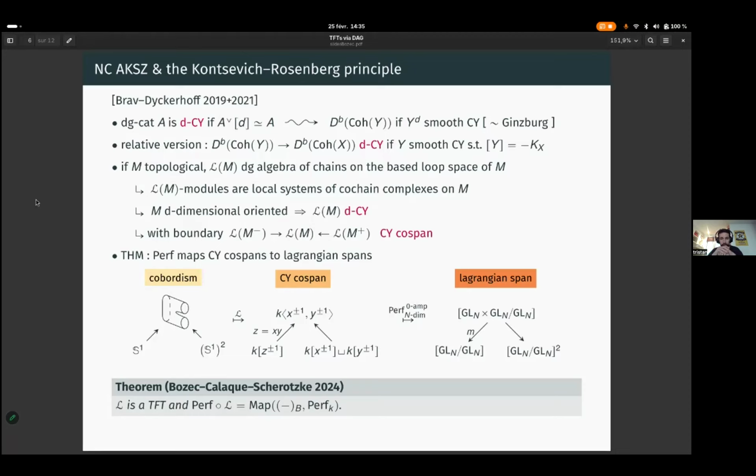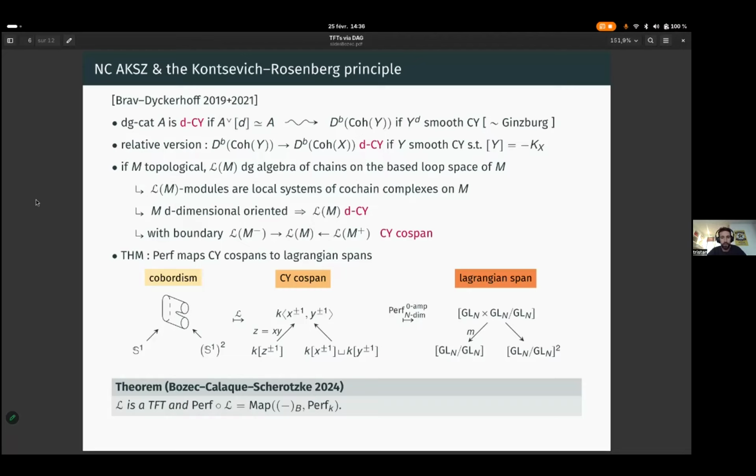Okay, nice. So the main theorem of the second paper of Brav and Dyckerhoff is that the functor of moduli of perfect objects, the one defined by Toën and Vaquié, and Vezzosi, where there were some of these ideas in there, actually maps Calabi-Yau cospans to Lagrangian spans, meaning correspondences.